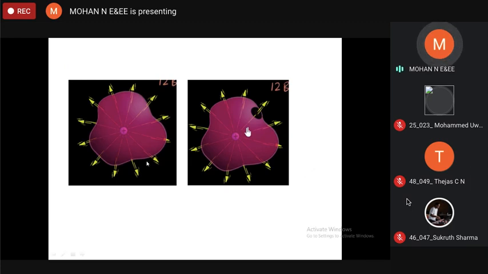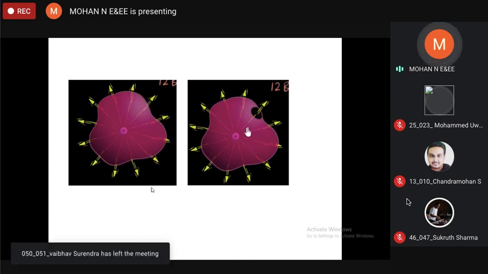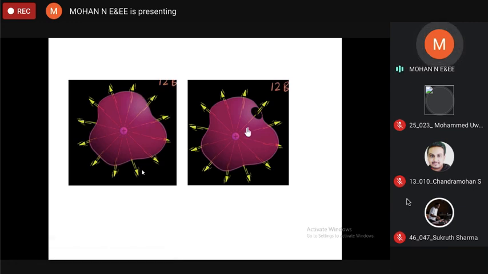Next, come back to this point. What is the difference between the previous slide and this slide? Any guesses? Irregular shape. Yes, the previous one was a regular, uniform closed surface, and here it is a non-uniform closed surface.